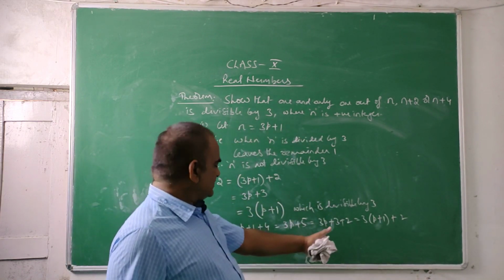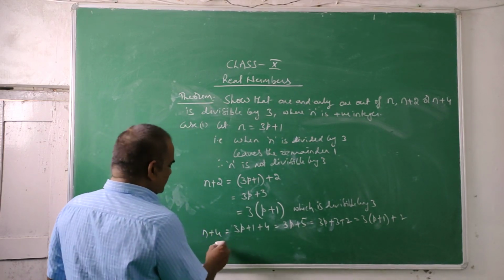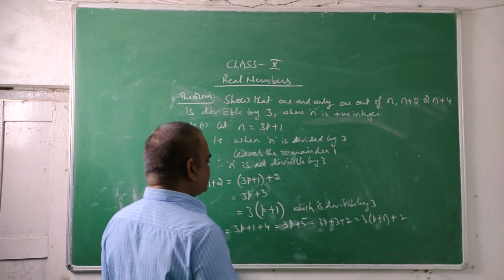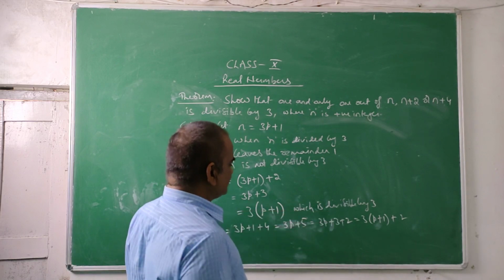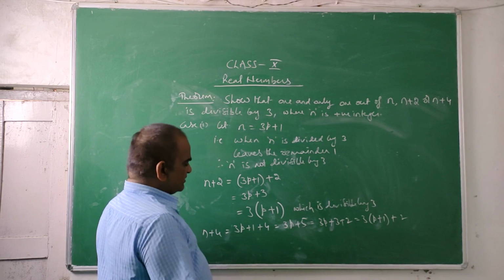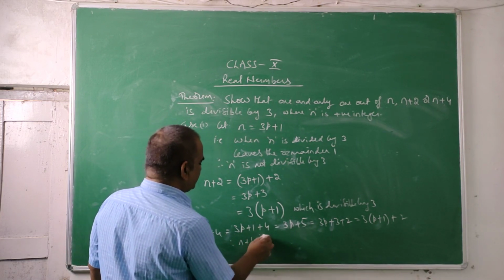Did you understand? What does it mean? It means that when n plus 4 is divided by 3, it leaves the remainder 2. That's the information you are getting. Therefore, n plus 4 is not divisible by 3.